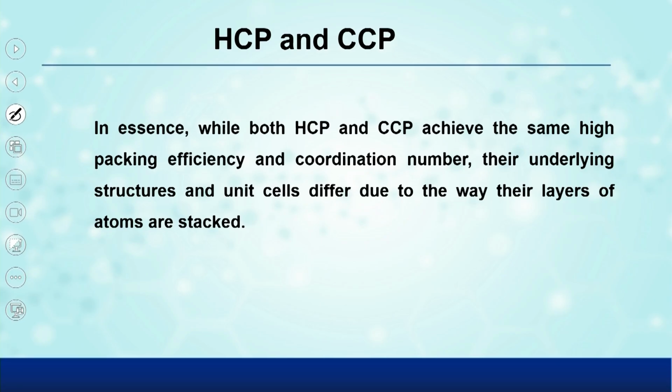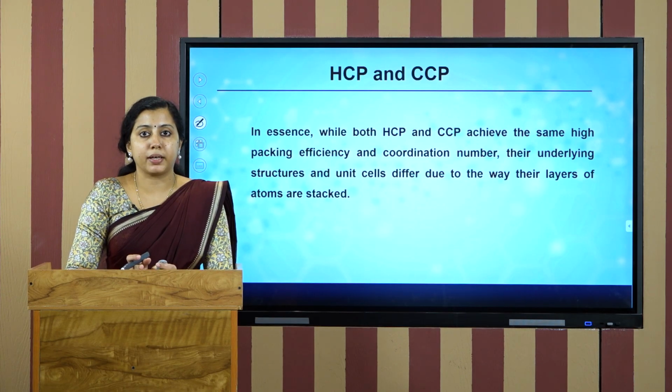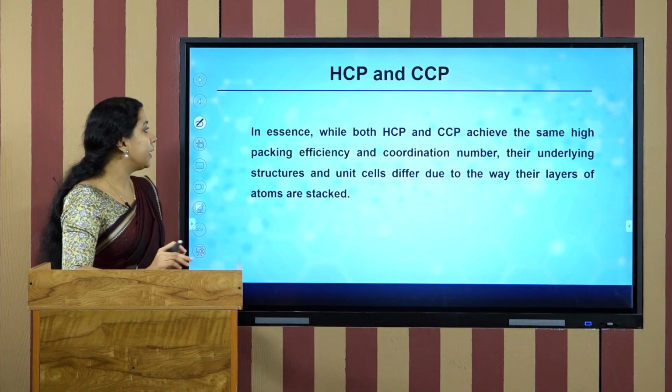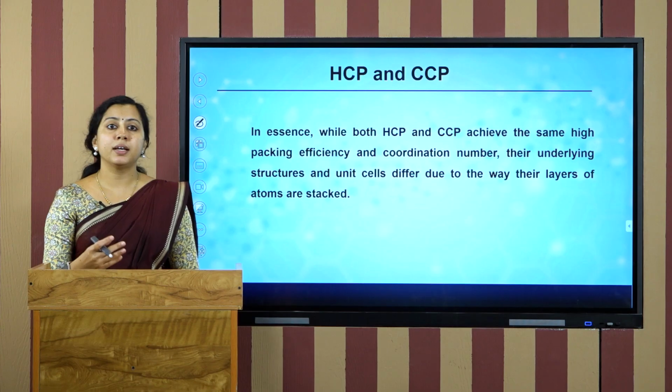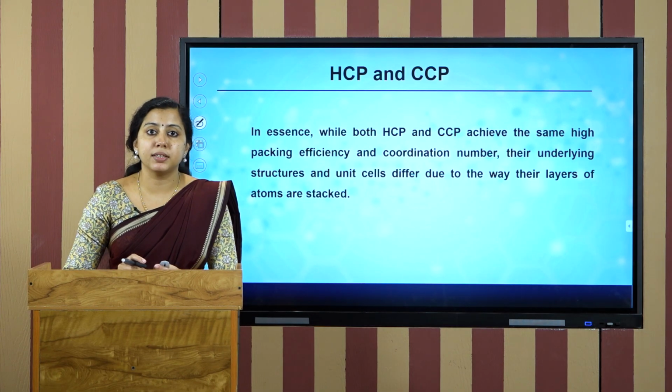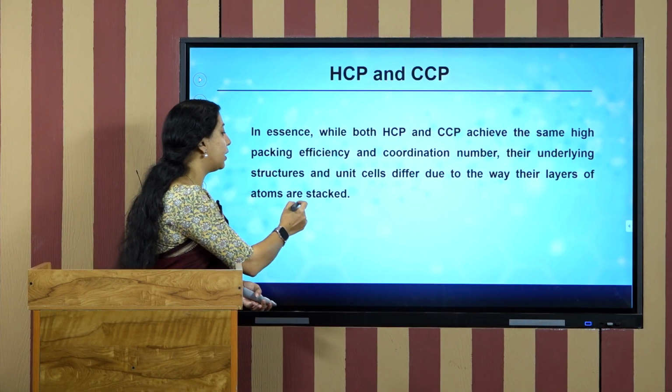So, in short, while both the hexagonal close packing and cubic close packing achieve the same high packing efficiency and coordination number, their underlying structures and unit cells differ due to the way their layers of atoms are stacked.